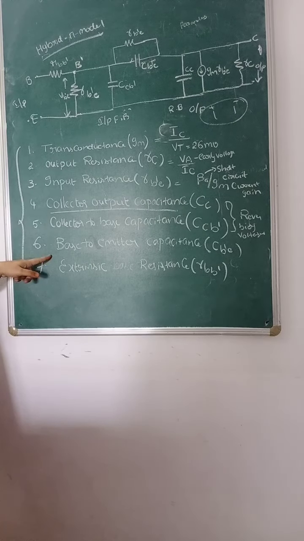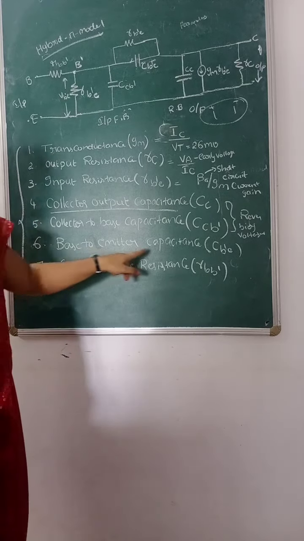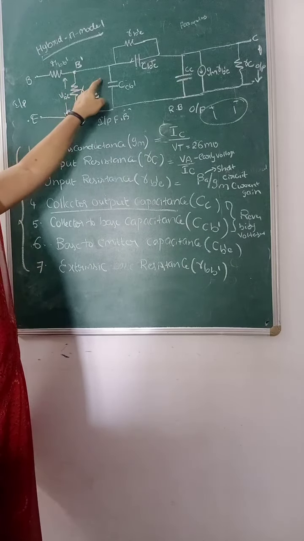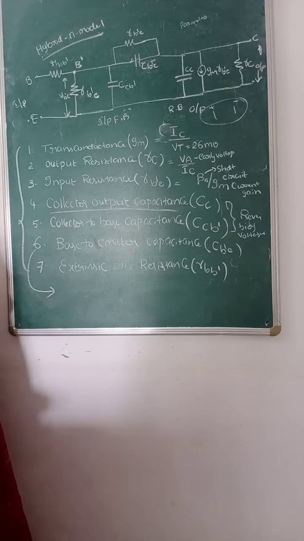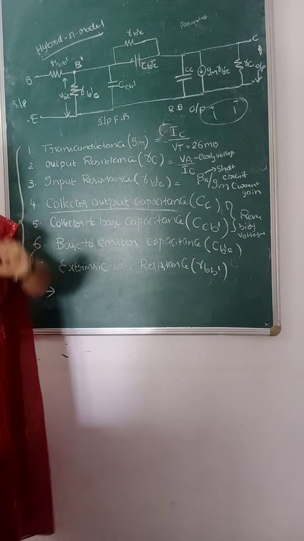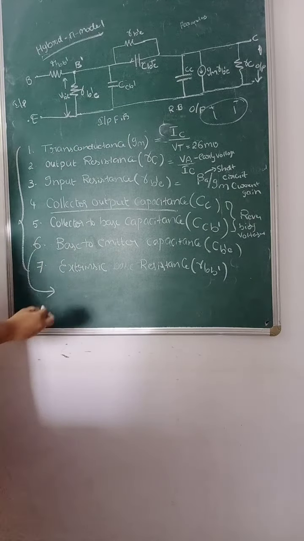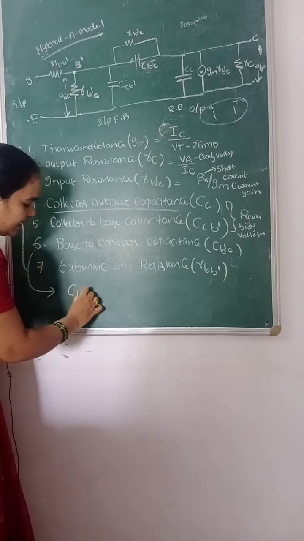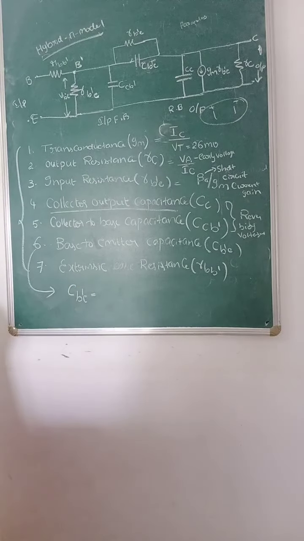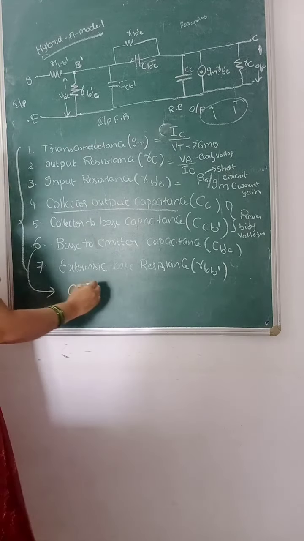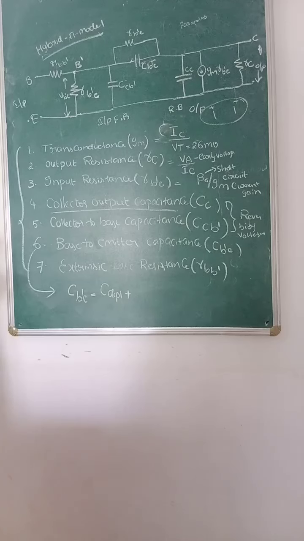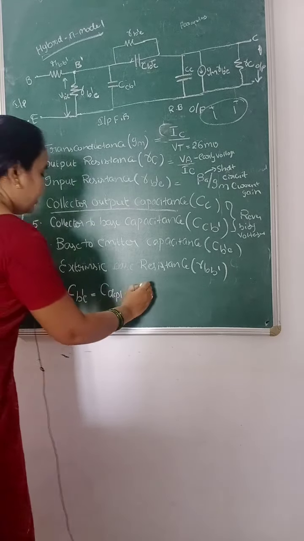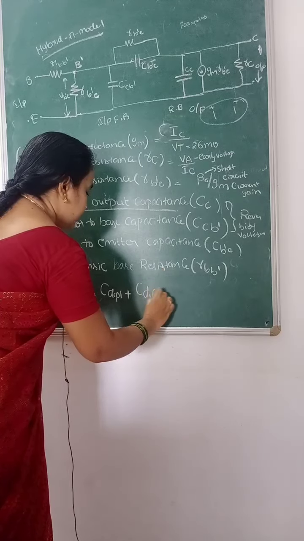And the sixth one is base to emitter capacitance. Since the input circuit is forward biased, this capacitance effect is very less. Here this CB dash E, that is the capacitance offered between the emitter and the base terminal, is the sum of two components: the depletion capacitance plus the diffusion capacitance.